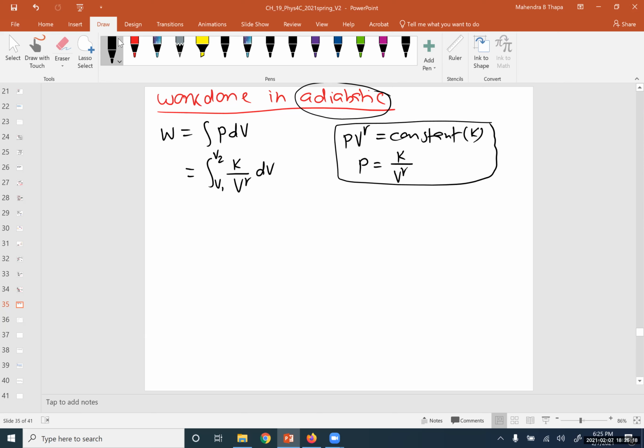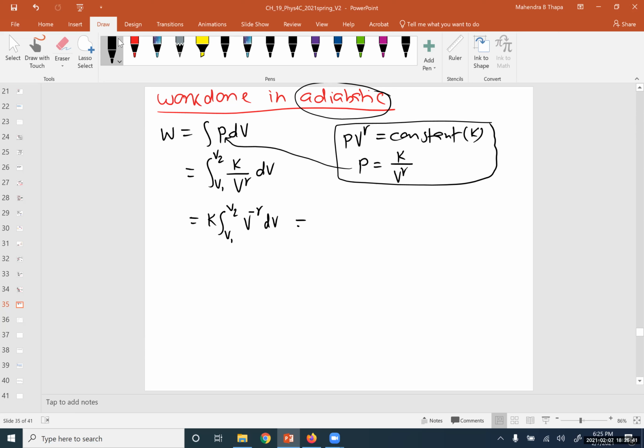So let's play with that. You'll find that the constant comes outside the integral. So it will be the integral from V1 to V2 of V minus gamma dV.